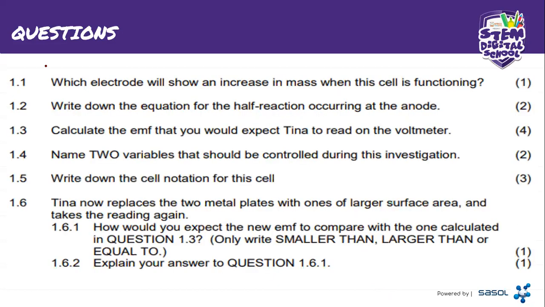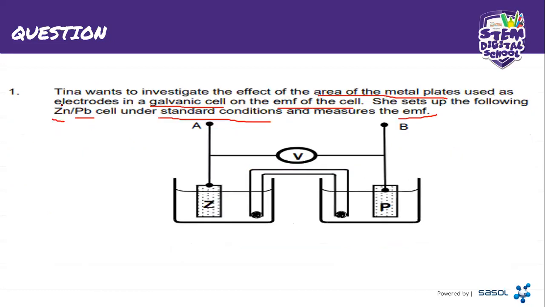Then they tell us to identify which electrode will show an increase in mass when this cell is functioning. So the electrode will either be the zinc electrode or the lead electrode altogether.